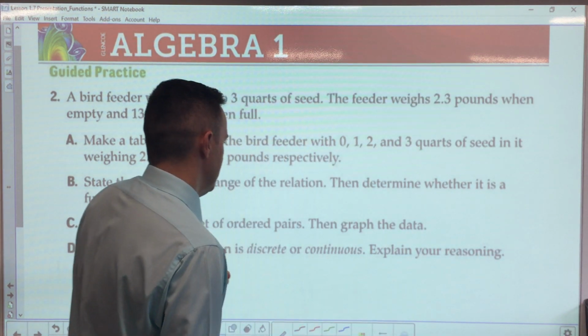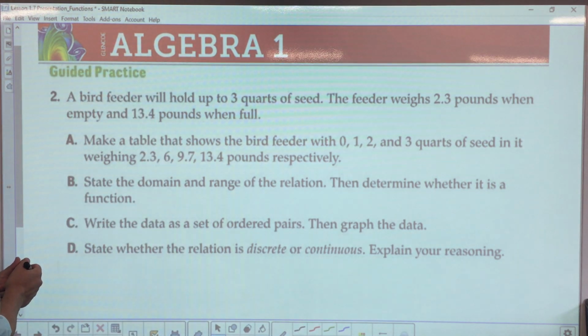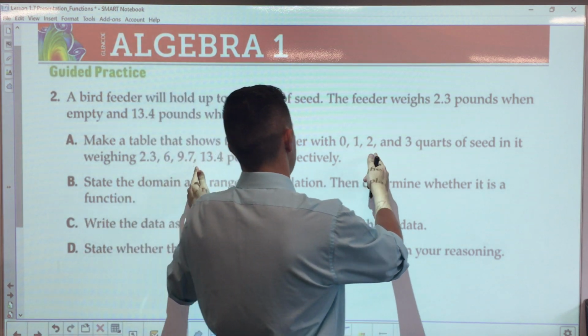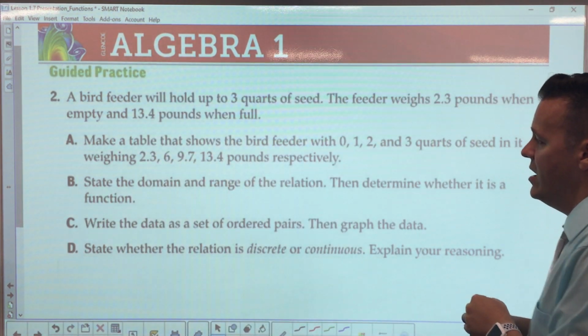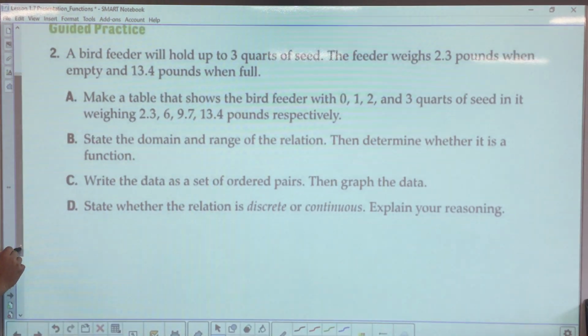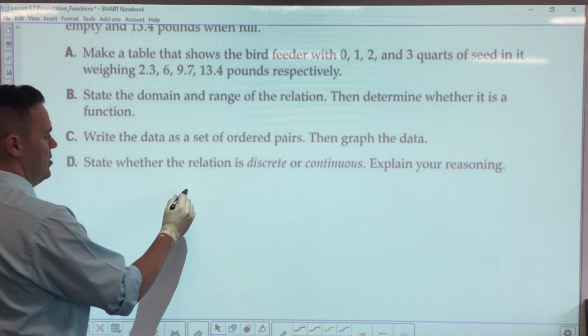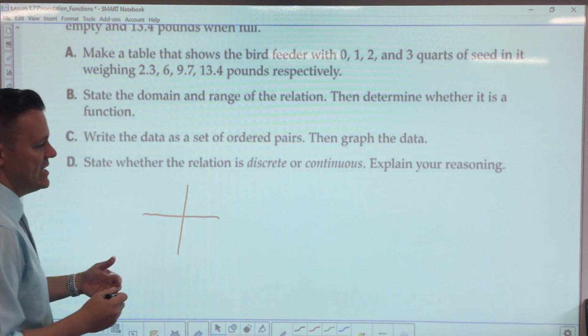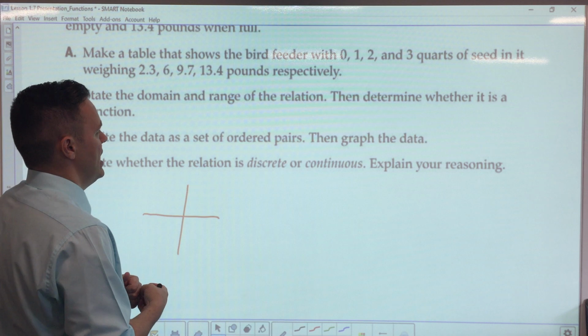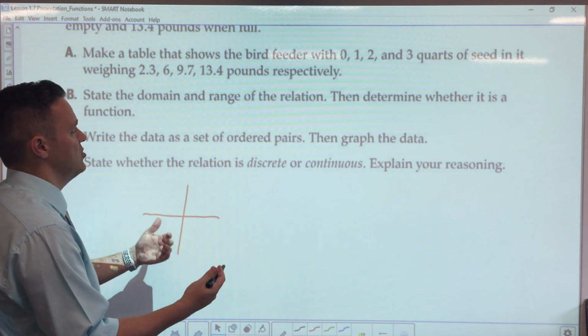Can you connect the points? I want to make sure you get an understanding of this, where it goes 0, 2.3, 1, 6, and the 3. Okay? If you plot this out, all right, it's asking, can you make it continuous? Is there a continuing function in relation to this?